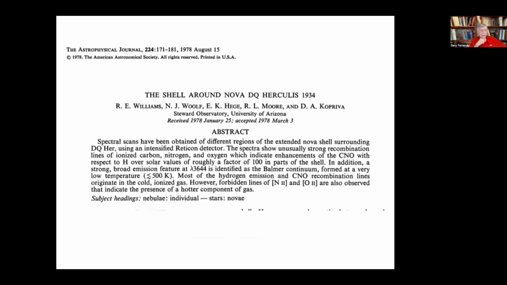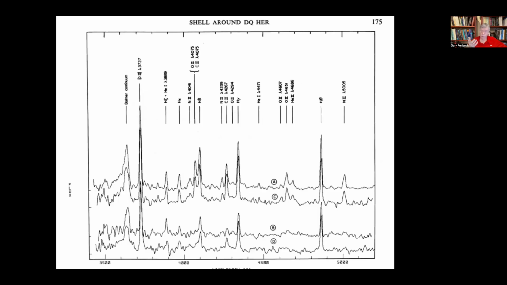It was discovered in 1978 by Bob Williams, who had a program of looking at shells around old novae. Novae are gas ejected from white dwarfs. My PhD thesis was on a nova, V1500 Cygni. And Bob found, when he looked at the nova that exploded in 1934, the shell of gas visible like a nebula in the sky, that it was indeed down around room temperature.